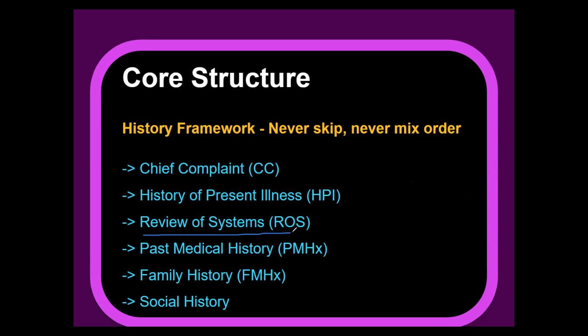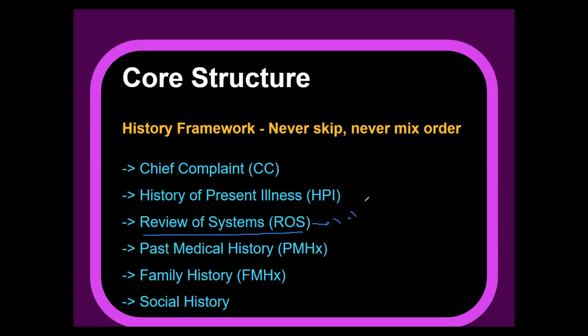Now, review of systems. If you're working in hospital, or if anyone here has worked in surgical residency, in review of systems you asked about all systems. But since in the exam you will have very limited time, usually 4 or 8 minutes, ask about relevant findings.